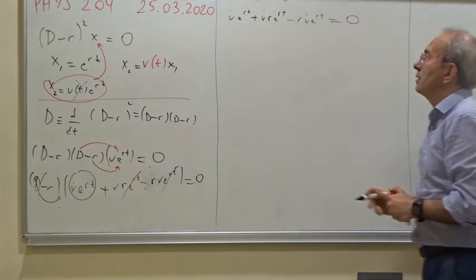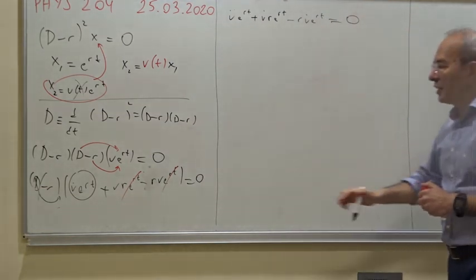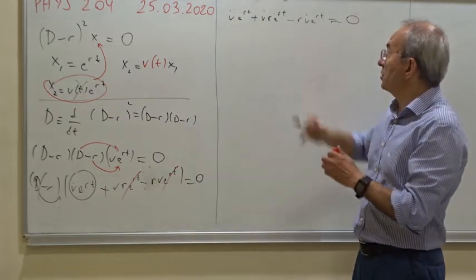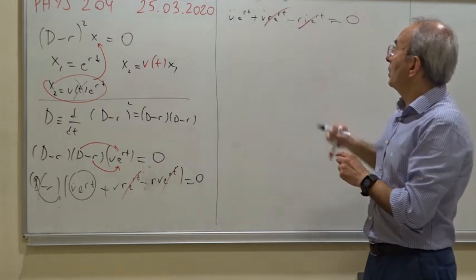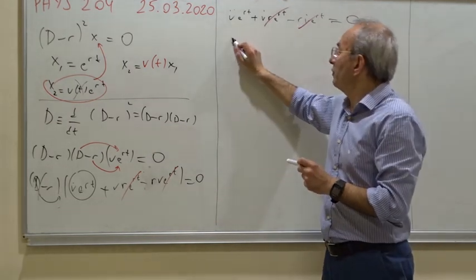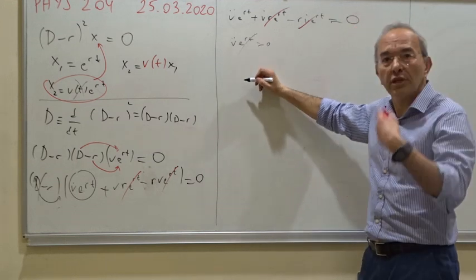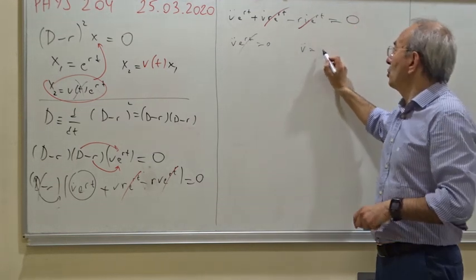That has to be 0. The same thing happens here. So these were the same, and these are the same, so that v dot r e to the rt is cancelled. And we have v double dot e to the rt is 0. So if you divide by e to the rt, v double dot is 0.